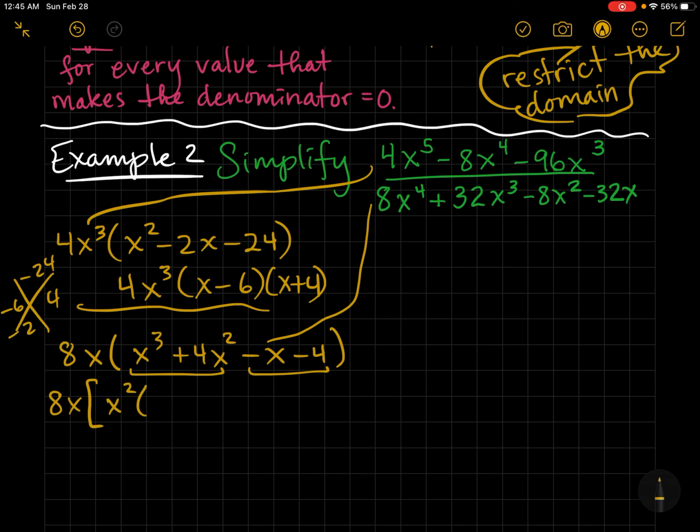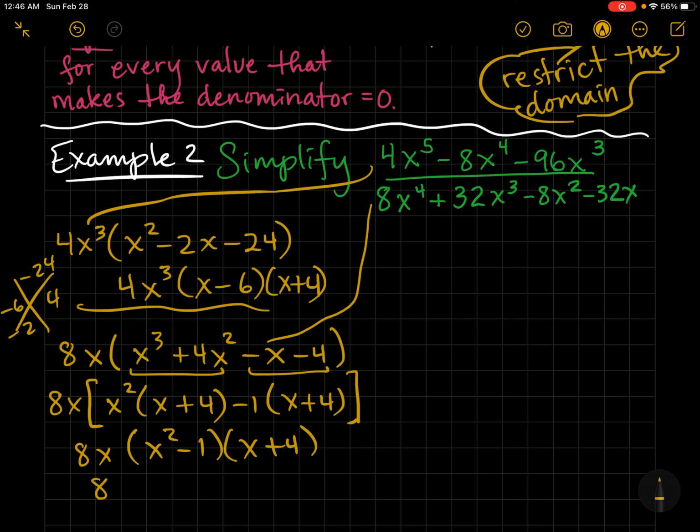So out of these first two, an x squared comes out, and I have x plus 4 left. Negative 1 comes out, and I have x plus 4. And I'm left with 8x times x squared minus 1 times x plus 4, or 8x, x plus 1, x minus 1. And we still have the x plus 4.